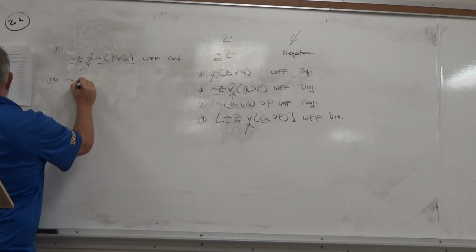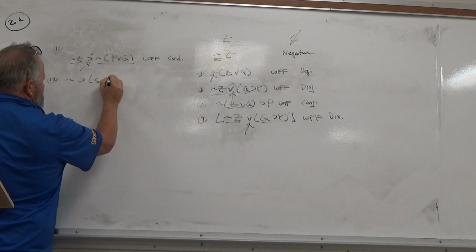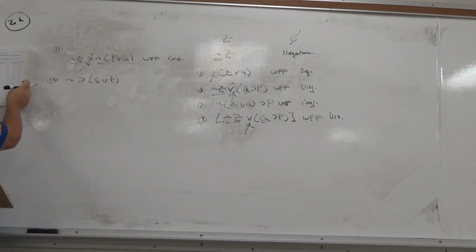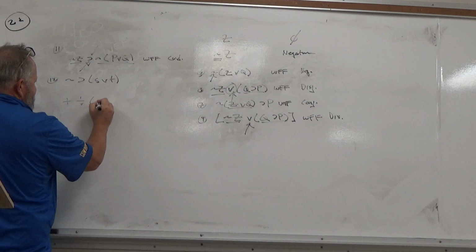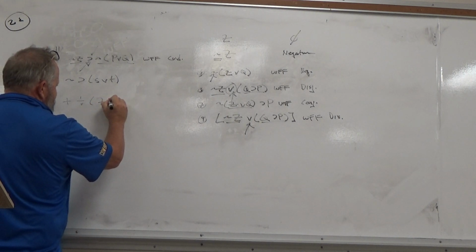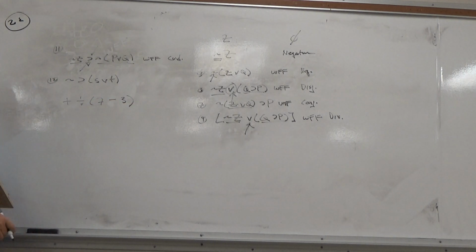Not horseshoe, S or T. Okay. It should be obvious to you that this is not a well-formed formula. It would be equivalent, mathematically speaking, to someone saying plus divide 7 minus 3 or something to that effect.